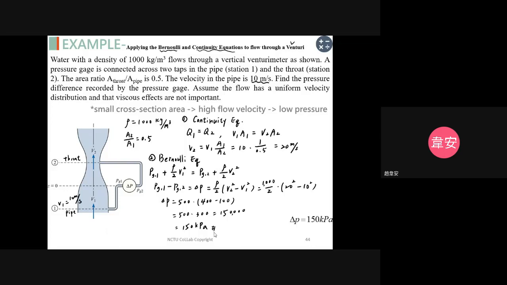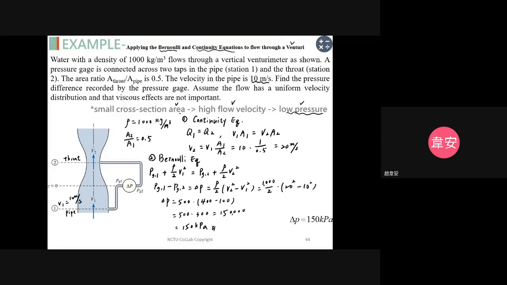The idea for this exercise is quite simple. The phenomenon highlighted by this exercise is that a small cross-section area results in high flow velocity. The high flow velocity is based on the Bernoulli equation, and there is also a lower pressure area.